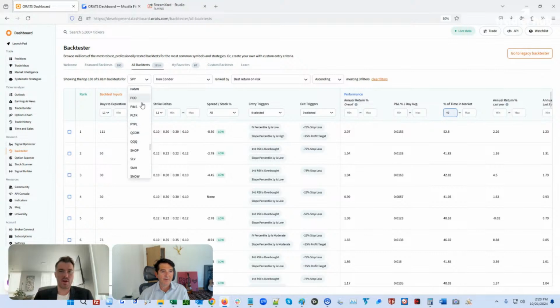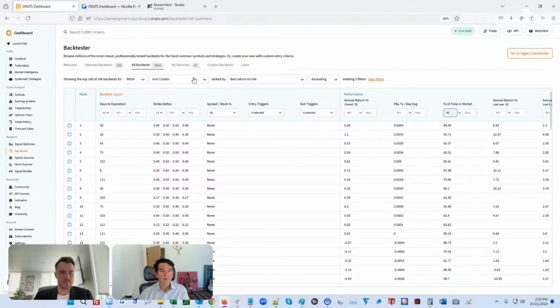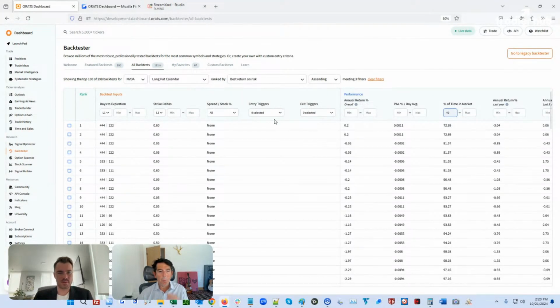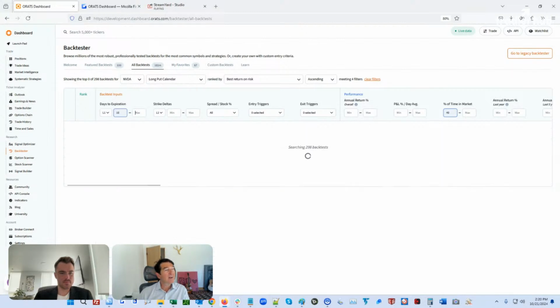If you wanted more earnings-specific backtest, then you could probably go with the legacy, just to see in general how it does. Yeah, in general, these are longer term, so we want to do something that's over 10 days, but less than 111 days. And it has to go look through 181 million, so it does take a while.